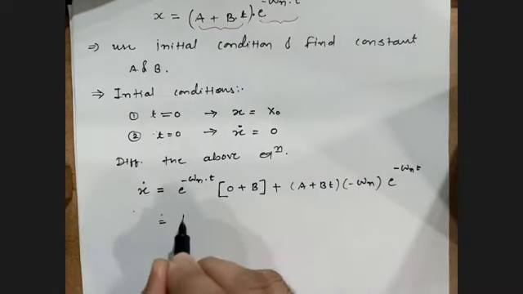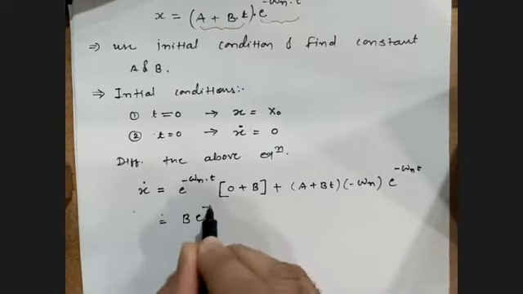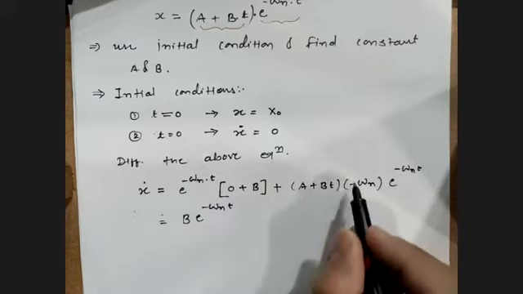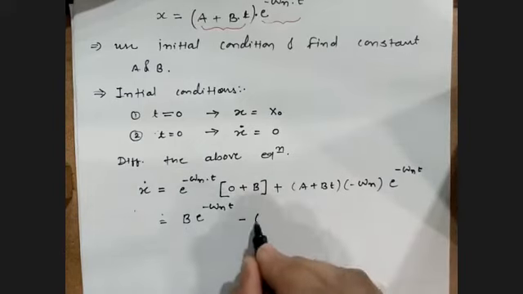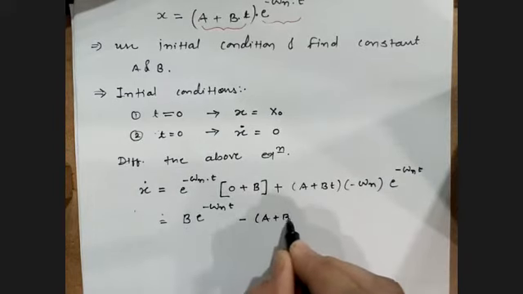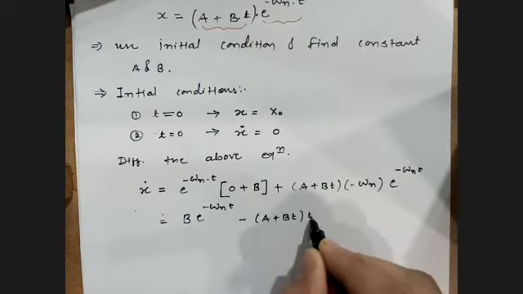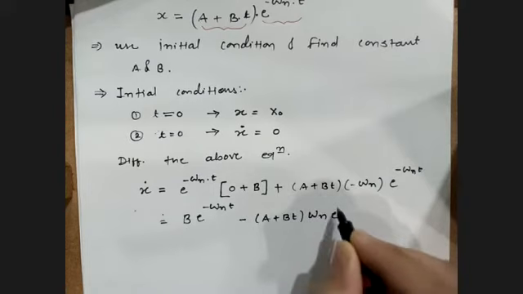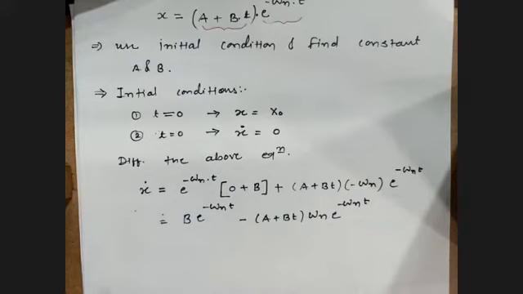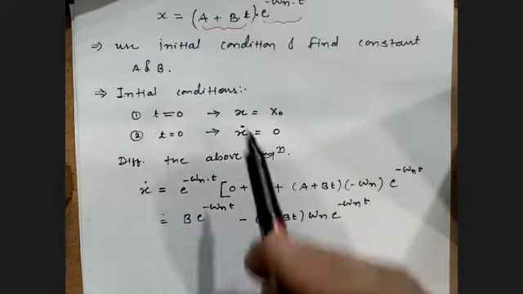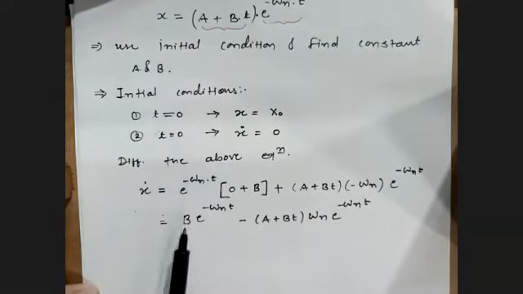We get b e to the power of minus omega n t, minus (a plus bt) omega n e to the power of minus omega n t. So this is the x dot value. This is your x, and this is your x dot.